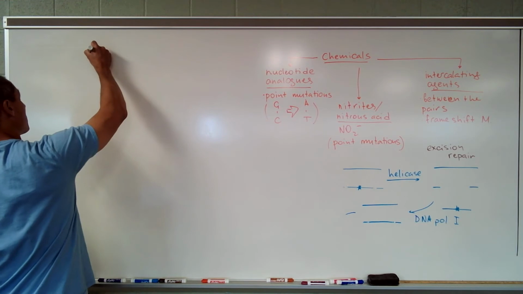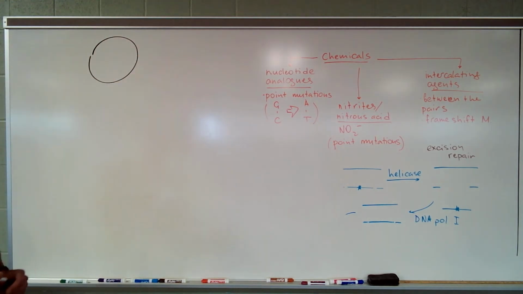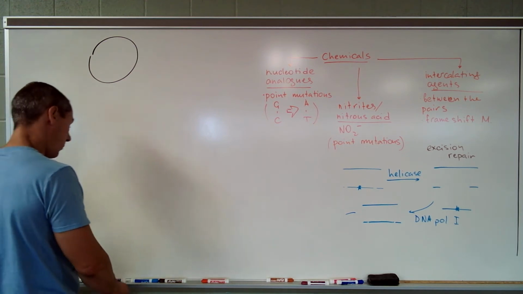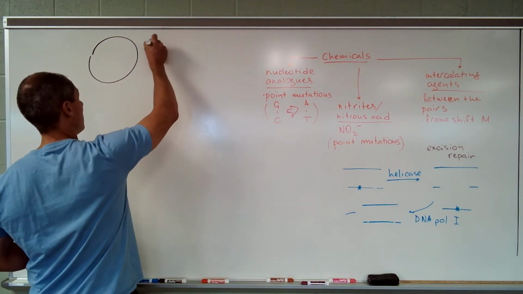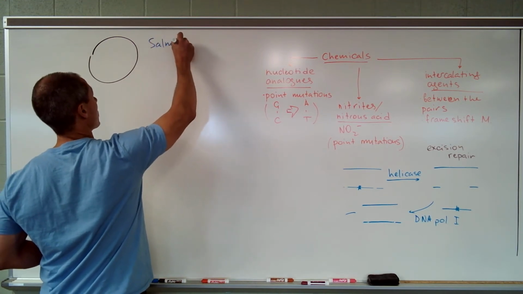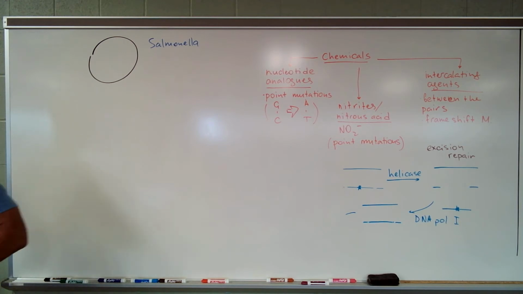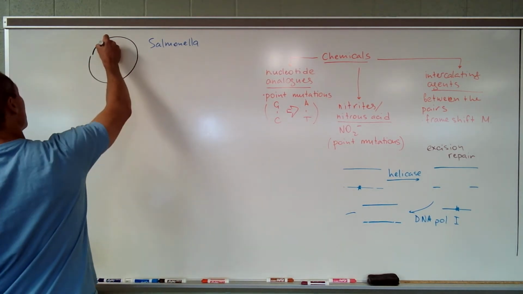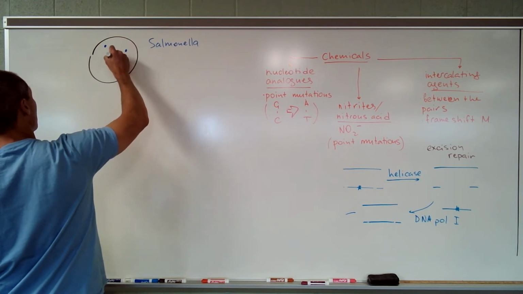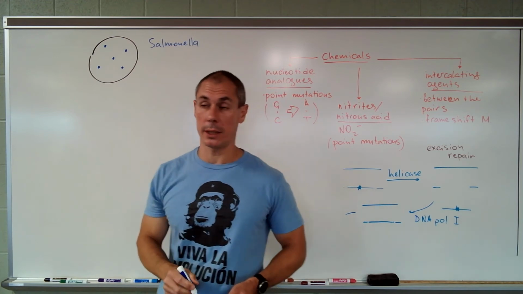So the test starts with the petri dish on which you have salmonella. It doesn't have to be salmonella, but let's use salmonella just for the example. So this is a garden variety salmonella species that grows pretty well on a defined medium. Okay, so those blue are colonies of salmonella.